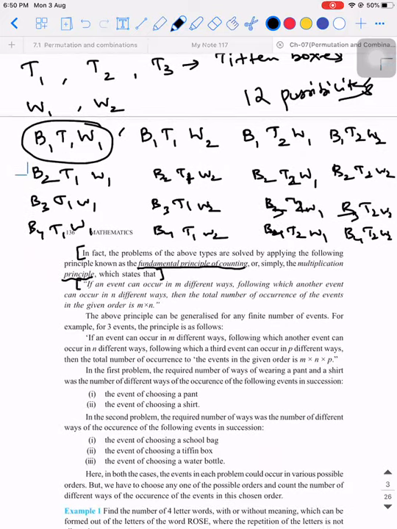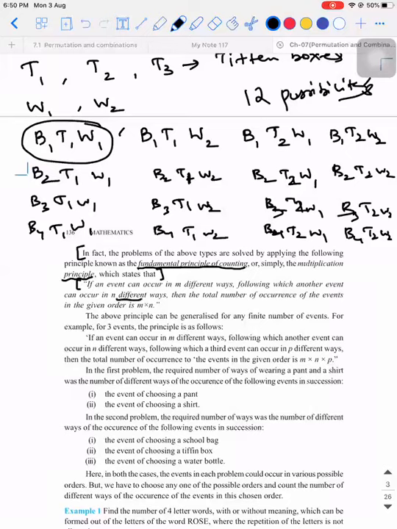So write it down. If an event can occur in m different ways, so you have a particular event which can be completed in m different ways, following which you have another event which can be completed in n different ways. Underline the word different.